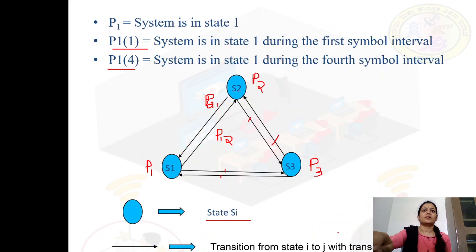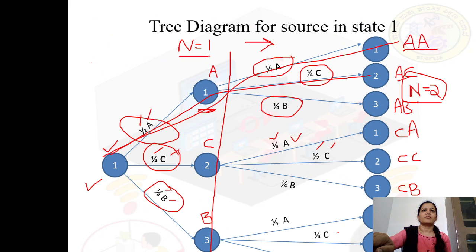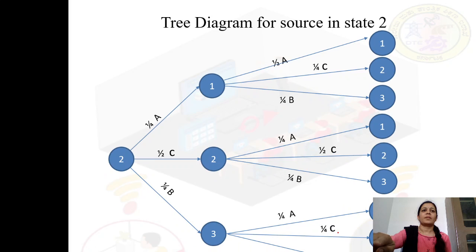Next, by considering the initial state to be state 2, I have to consider the tree diagram. This is for n is equal to 1, and if I go ahead with one more stage, this would be for n is equal to 2. So you can go ahead in a similar way.